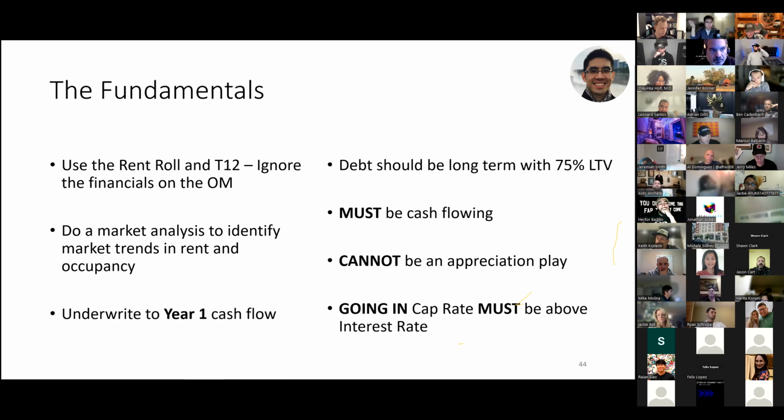With any kind of interest rate, there's a point of no return where the more you put in, you actually get less returns. But in this situation, if your going in cap rate is lower than your interest rate, you're getting better returns if you just paid all cash for it.